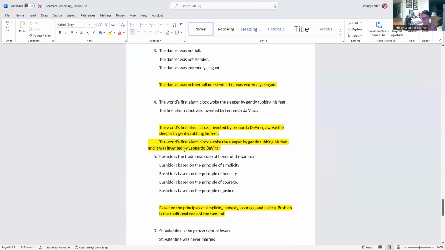That was an acceptable way of combining the ideas in these two sentences, because really all I did was connect them with a comma and a coordinating conjunction. And if that sounds familiar, it's because that's one of the ways we learned about to correct a run-on sentence or comma splice.